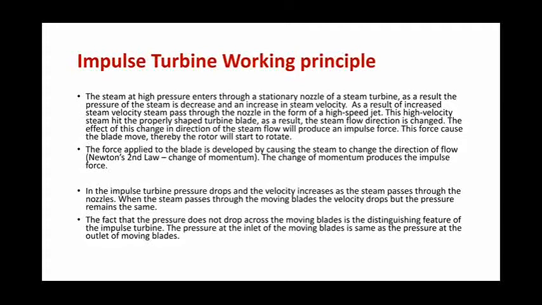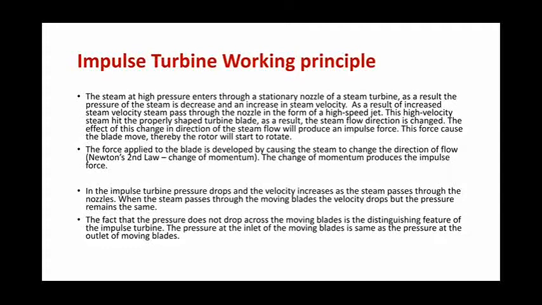This high speed steam hits the properly shaped turbine blade. As a result, the steam flow direction is changed. The effect of this change in direction of the steam flow produces an impulsive force. This impulsive force moves the blade, and thereby the rotor starts to rotate.